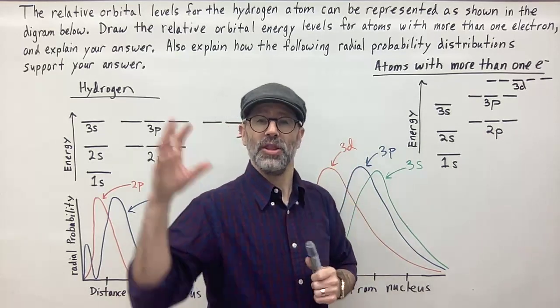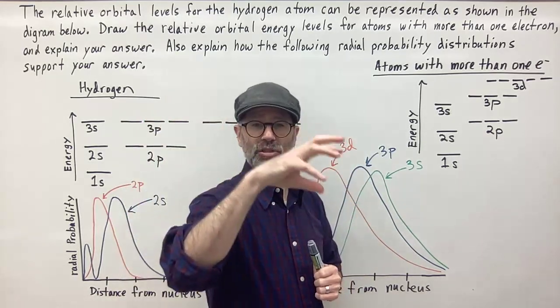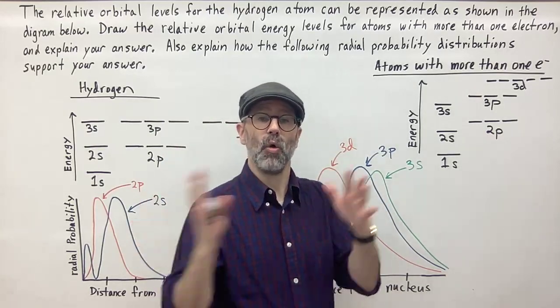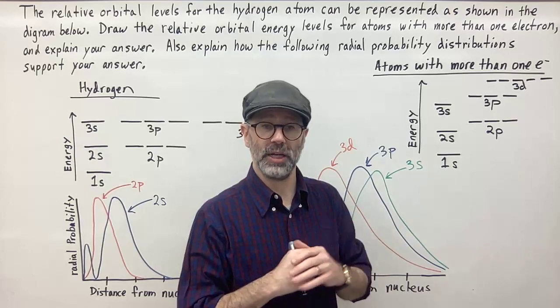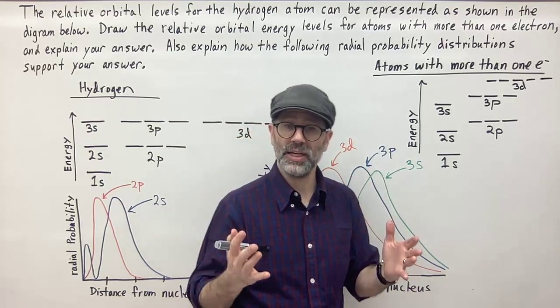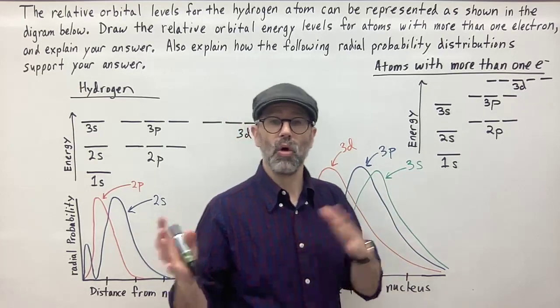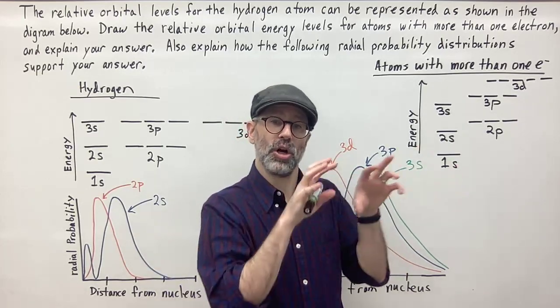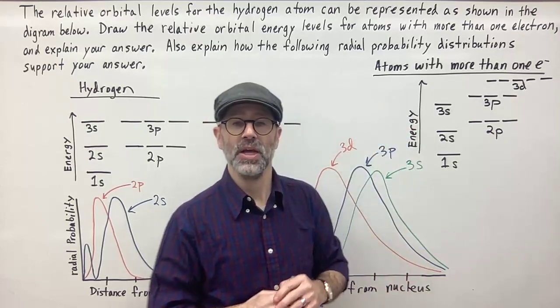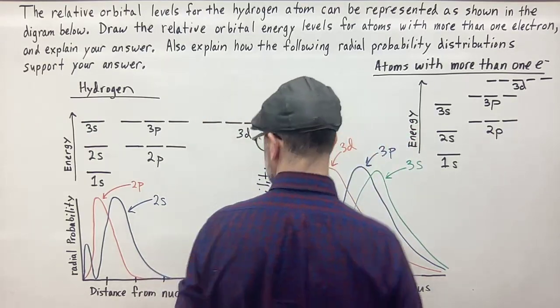Because remember, the closer the electron is able to get to the nucleus, the lower the energy. So depending on what sublevel you're in, if you're in a p or an s or a d, that's going to involve more or less penetration closer to the nucleus, past the shielding, right? So that's what this is showing here.